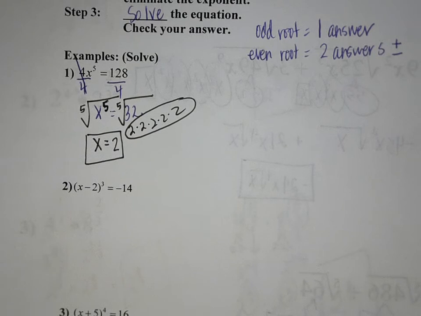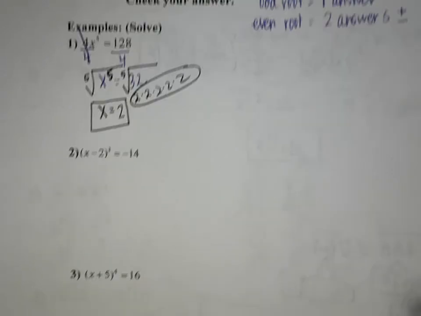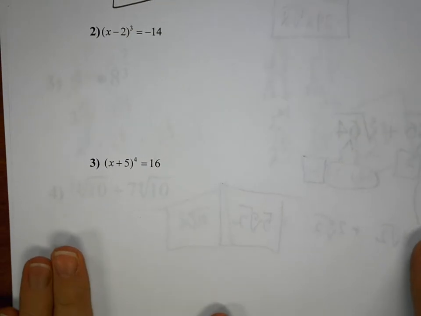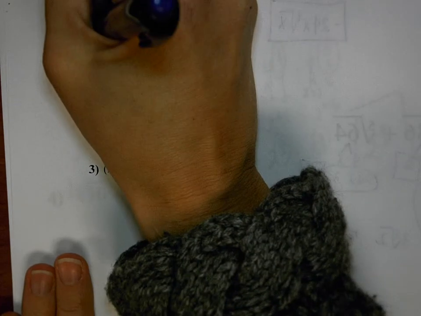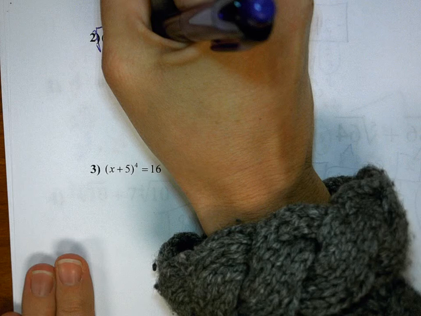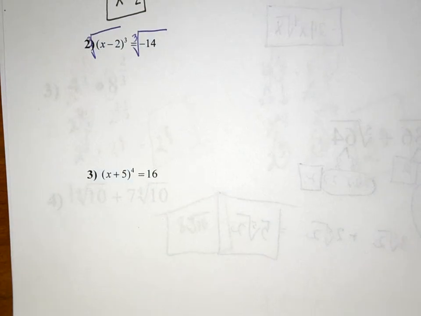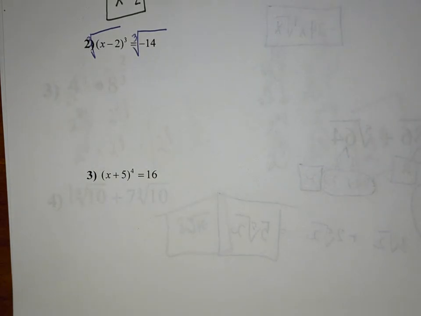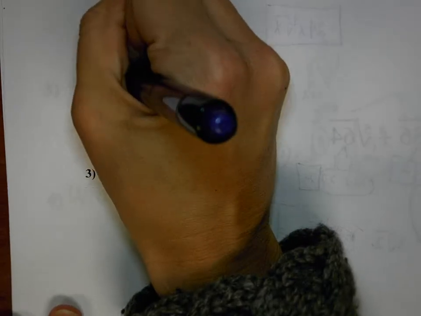All right. So, on example 2, is the exponent power by itself? Good, so what am I going to do? Good, we're going to take the cubed root of both sides. When I do the cubed root, what does this become on the left? X minus 2 is correct.